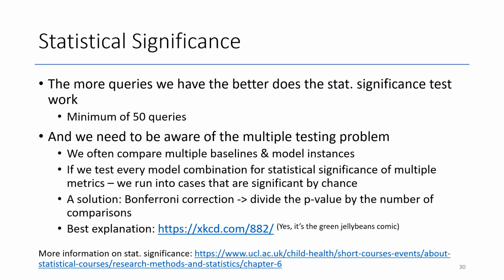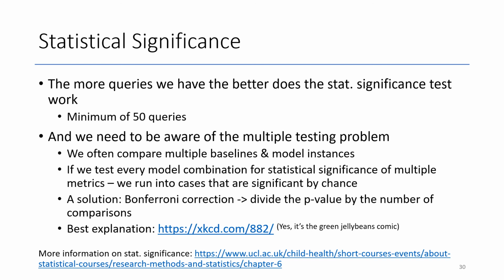Because of course, the p-value of a statistical significance test only gives us a probability that those systems actually produce different results, and not a guarantee.